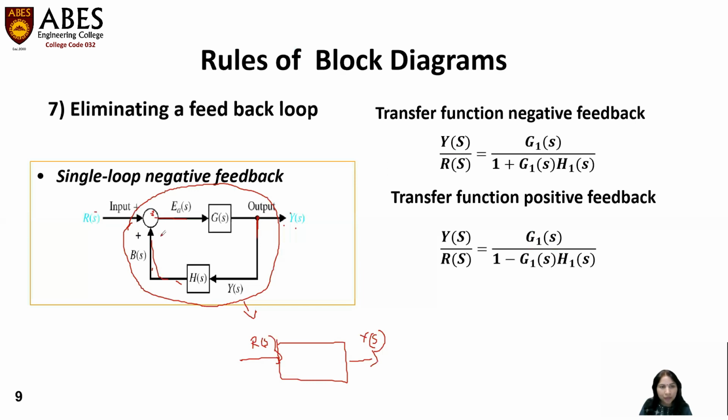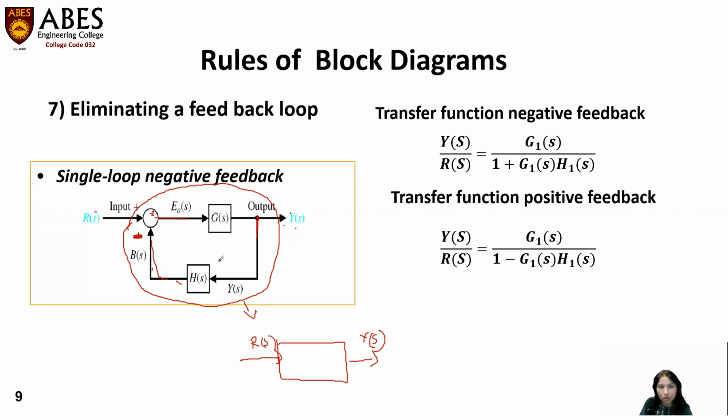Presently, this is a single loop negative feedback. If it is negative feedback, the sign of this feedback should be negative, not positive. And if it is a positive feedback loop, this sign should be positive. So I'm considering this single loop having negative feedback, so this feedback signal has a negative sign. That's why it is a negative feedback.